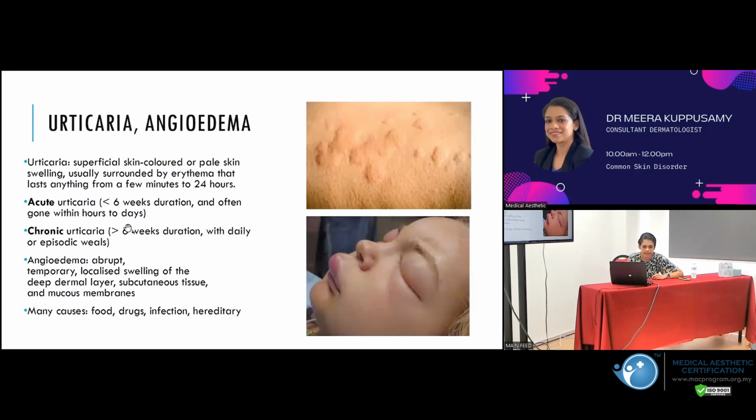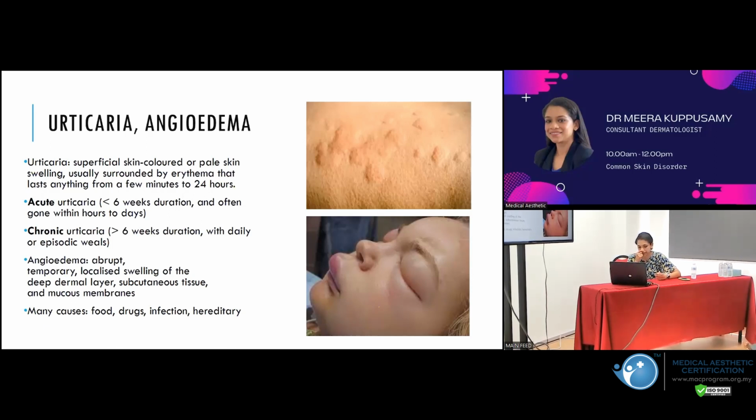Okay, and these patients with chronic urticaria sometimes can be difficult to treat. The antihistamines may not work for them. So now there are some new biologic medications that have come out that target the IgE itself. So they are on these medications for long term. They are injectable medication. Angioedema is a form of urticaria actually, but it's involving the deeper tissues.